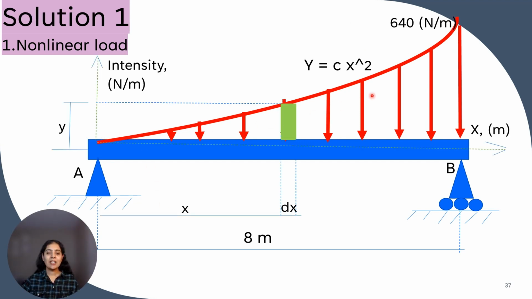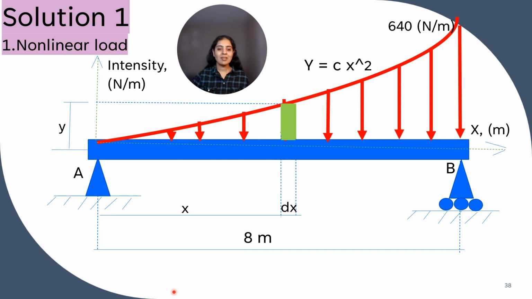This nonlinear load, whose equation is y is equal to cx square, is plotted such that the distance is along the x direction, which is in meters, and intensity is along the y direction, which is in Newton per meter. We have considered a strip at a distance x from support A whose length is dx.